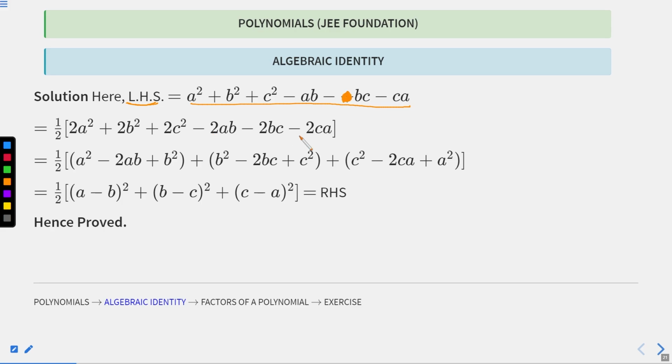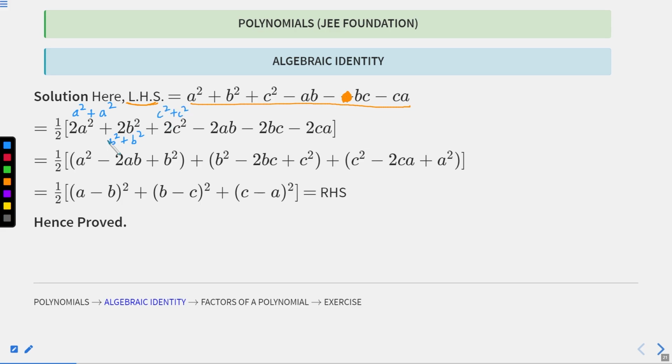And we know if you make pairs, first of all this 2a square can be broken down into a square plus a square, do the similar thing to b square plus b square, and 2c square can be separated as c square plus c square.